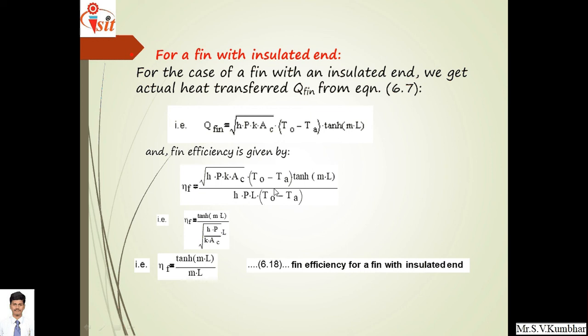T0 minus Ta will get cancelled, and as in the previous case, this term will remain as it is: hyperbolic tan mL divided by square root of hP upon kAc into L, and here again replace square root of hP upon kAc by m. So efficiency for a fin with its insulated tip is given as hyperbolic tan mL upon mL. Now remember, we will require these formulae while solving numericals.